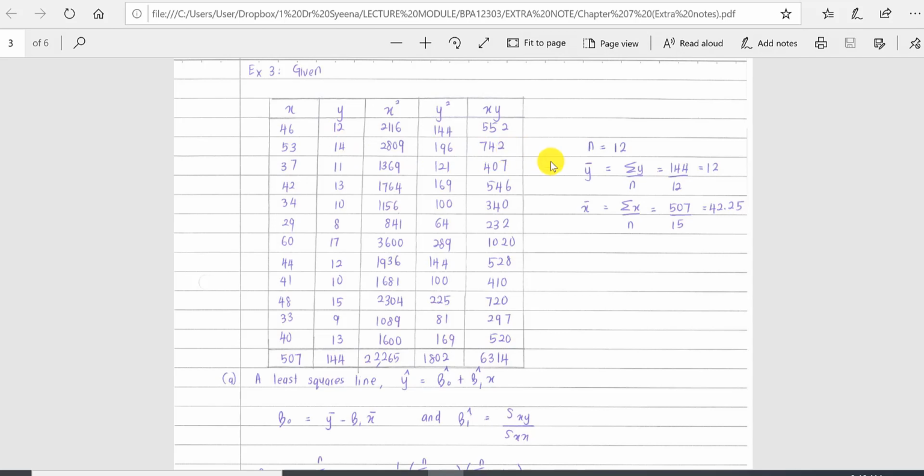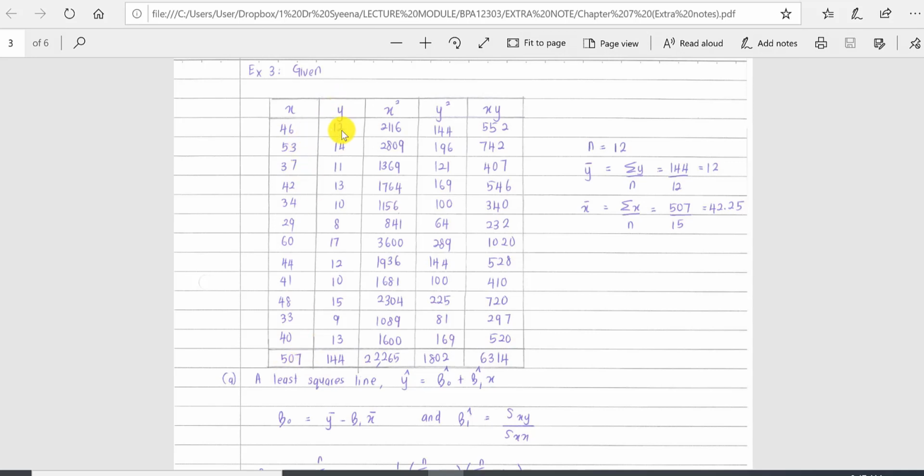Okay, now if we look back at the formula, we must get the value of the summation of x, the summation of y, the summation of x squared, the summation of y squared, and also the summation of xy. So the summation means the total of x. That means 46 plus 53 plus 37 plus 42 up to 40, then you get 507.